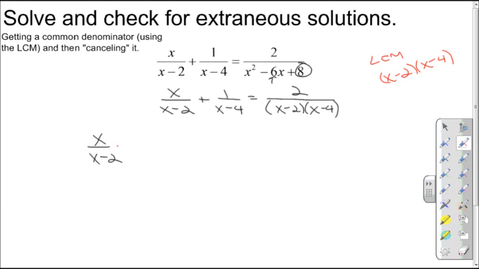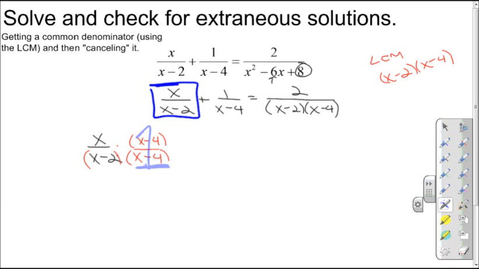I'll change colors for you here. So we're going to multiply by x minus 4 over x minus 4. Now I'll need those parentheses here. Again, you're multiplying by 1. So when you have this term here, and you're multiplying by 1, you're not really changing anything.